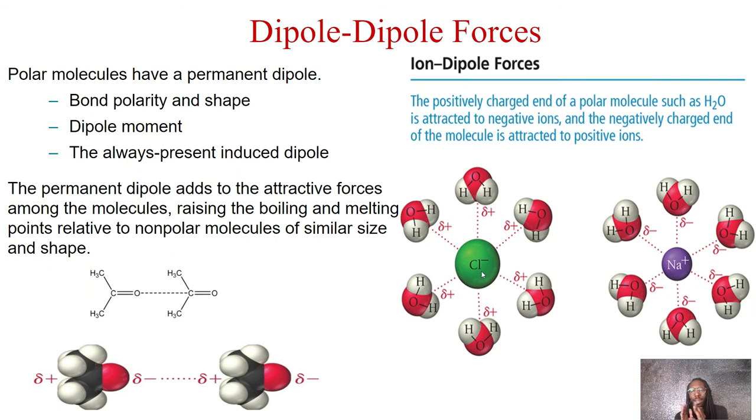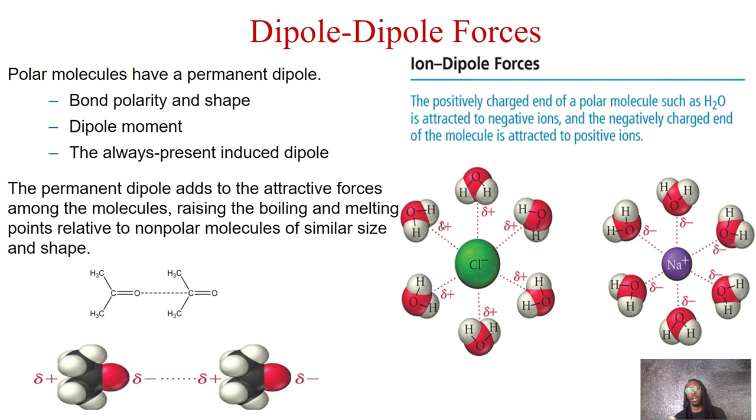Now, this ion dipole force, we're going to see this force start to be created by looking at our water, okay? So water, once again, is a polar molecule. So because it's a polar molecule, expect to see a partial positive end and a partial negative end. The partial negative end is going to be on oxygen, but the partial positive is going to be on our hydrogens here.